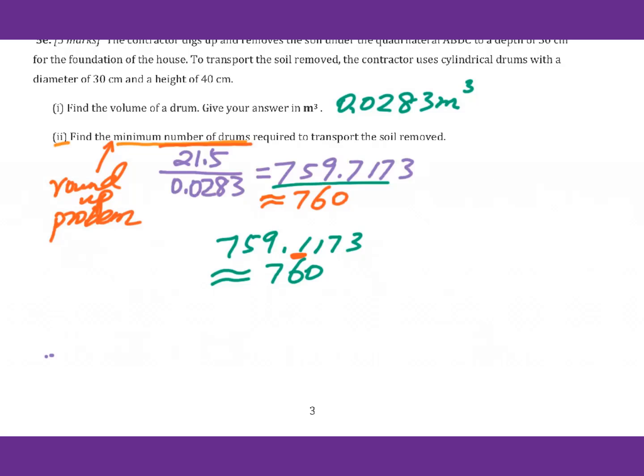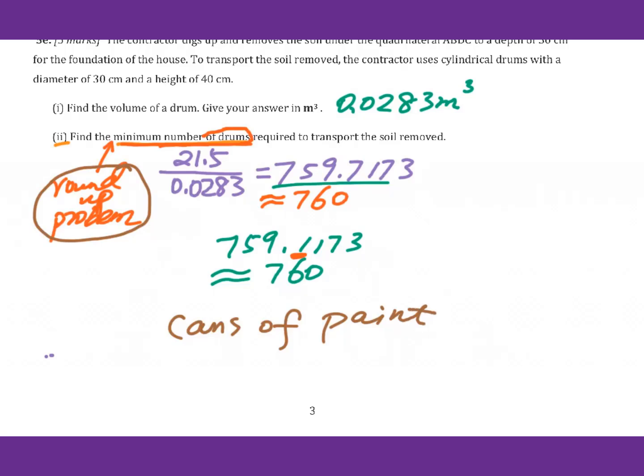So when you see the words minimum number of something, and it's integers, you need to pay more attention to whether it's a round up problem, such as when you're looking for the minimum number of cans of paint. Normally, it's always a round up problem.